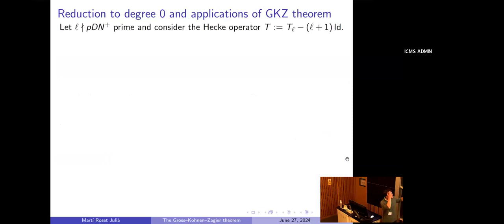So let's take L some prime and consider the Hecke operator T = T_L minus (L+1) times the identity. So if the prime L doesn't divide this product I wrote here, the Hecke operator T_L has degree L+1. So then automatically, if I apply T to any divisor, I transform it to a divisor of degree 0.